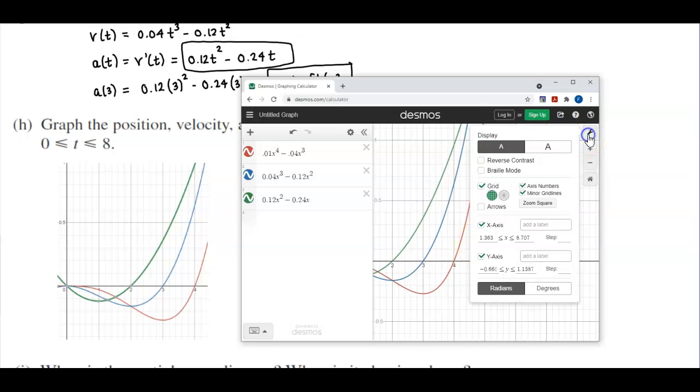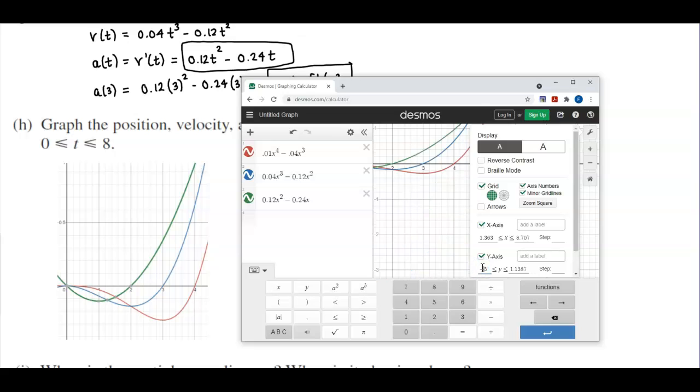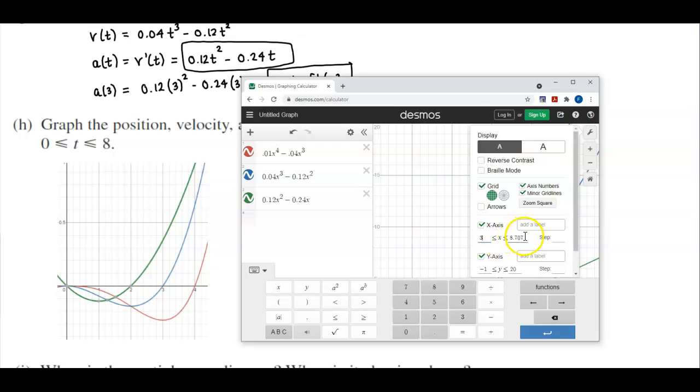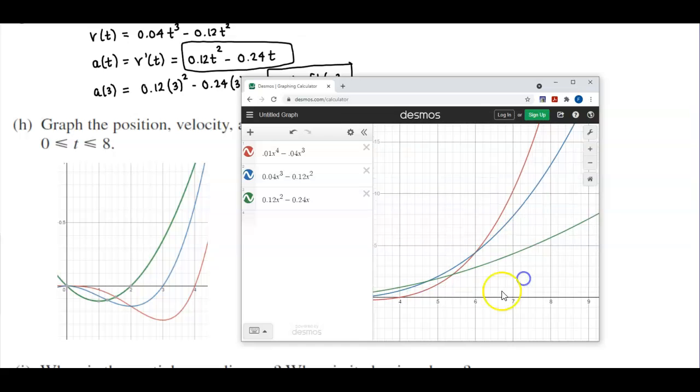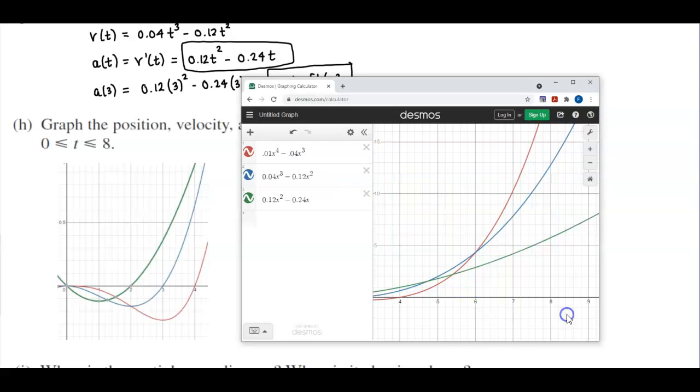Let's go from, let's say, negative 1 and let's take a look at what happens when we go to 20. And we're going to go from, let's say, 3 to 9, because we want to see what's happening between 4 and 8. So it just gives us a better picture as to what's happening with these functions.